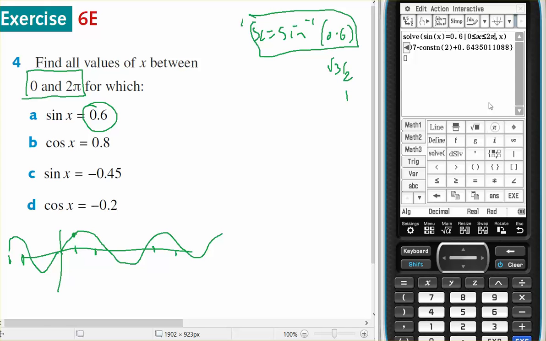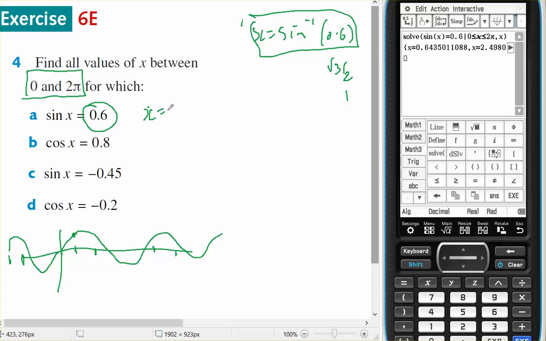If I place this given information, that is my given domain, inside my equation before I then solve for x, and then I press execute, it gives me my answers for x that are within the domain 0 to 2 pi. So depending upon how many decimal places I'm looking for, x equals 0.64 if it's 2 decimal places, or x equals 2.50 for 2 decimal places.